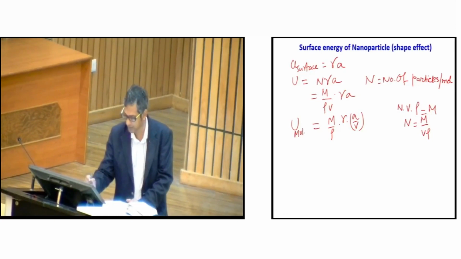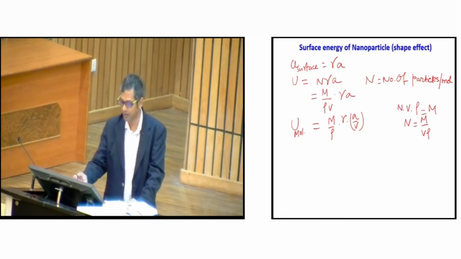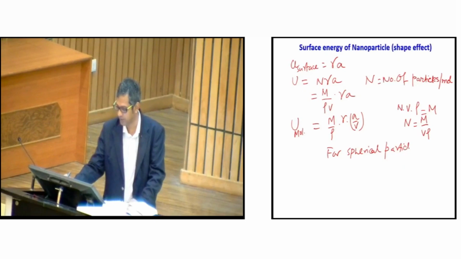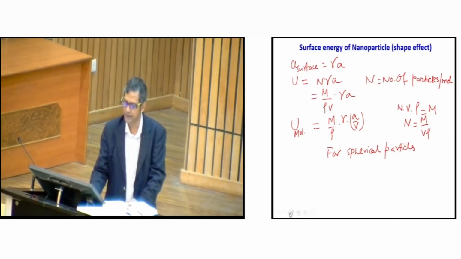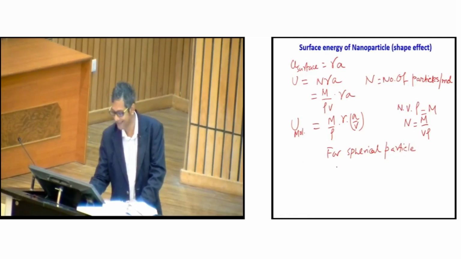Let us write down. Now, for spherical particle, what will happen? For other shapes, you can do it yourself. I will do it for spherical particle, okay. Let us erase it up. So, spherical particle, what is area?